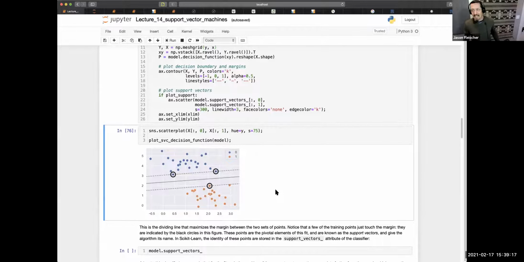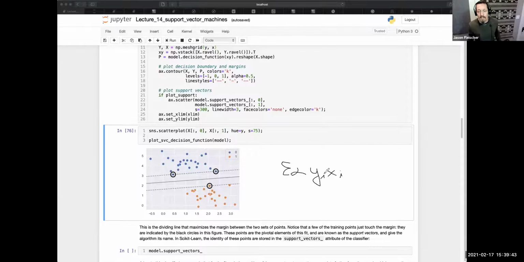Yes, Kylie asks about the formulation of this. Remember that the formulation here is that essentially it's got an alpha, y, x for all data points.